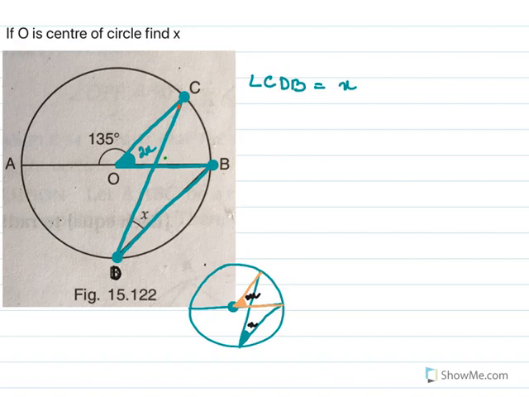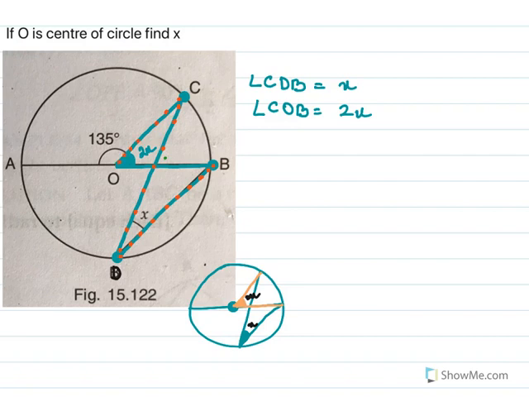I'm referring to angle CDB. This angle is 2x. Therefore, the central angle, that is angle COB, will be 2x by theorem.